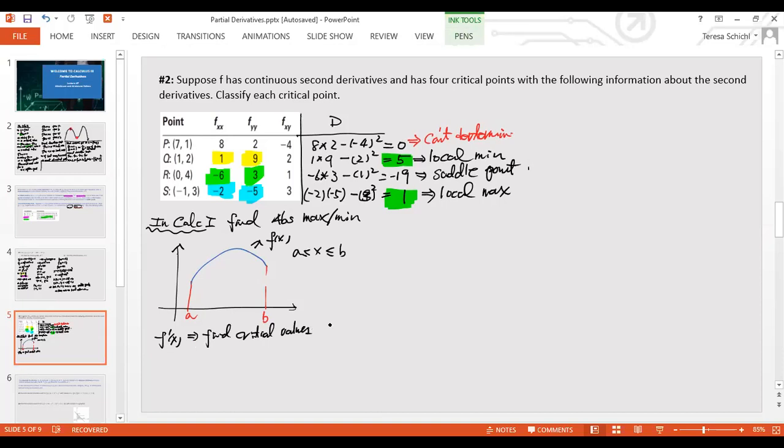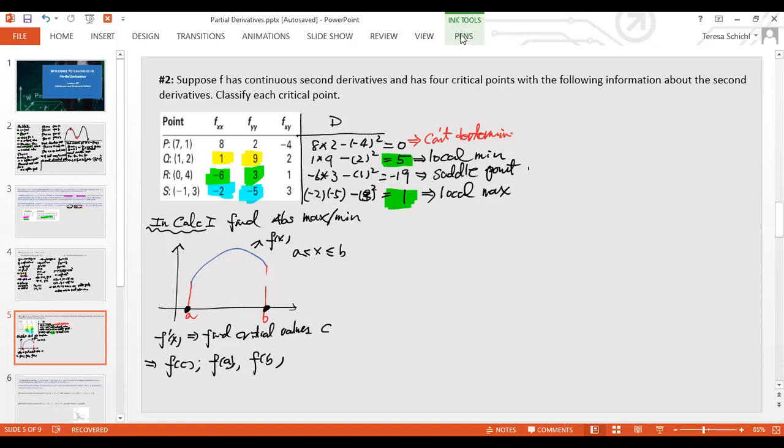Say we have a critical value C. Of course, you can have C1, C2, and so on. Then you substitute C into the function to find this value, then you substitute the two endpoints, f of A and f of B, because those are the endpoints here. Then you compare which one is the largest and which one is the smallest, and then you can determine the absolute max and the absolute min.